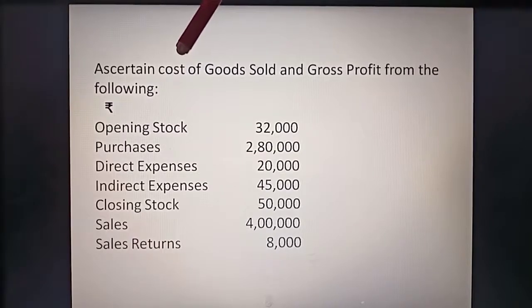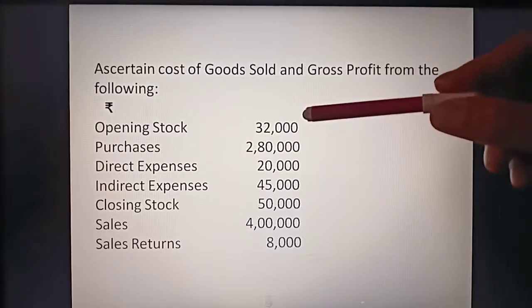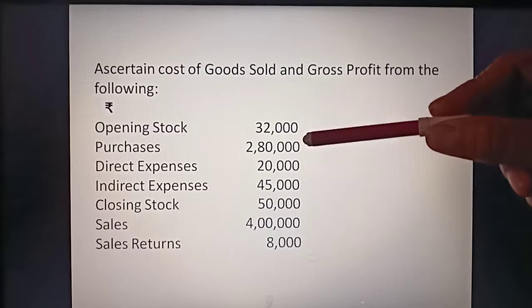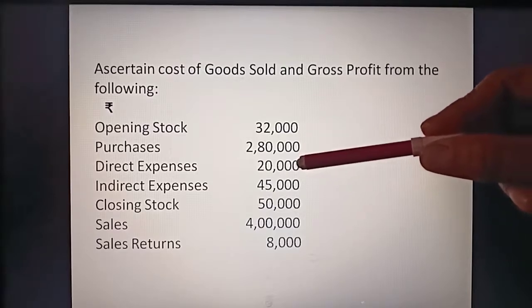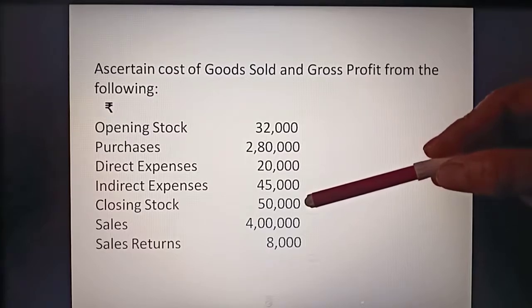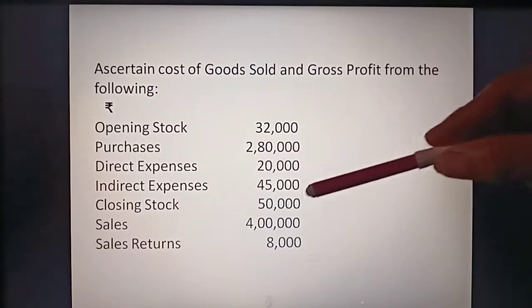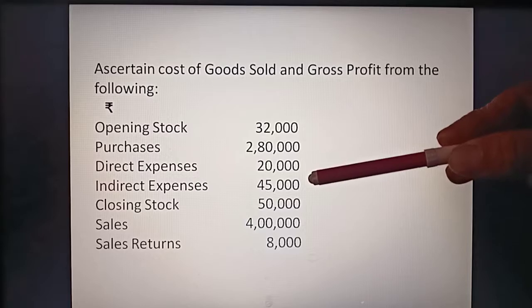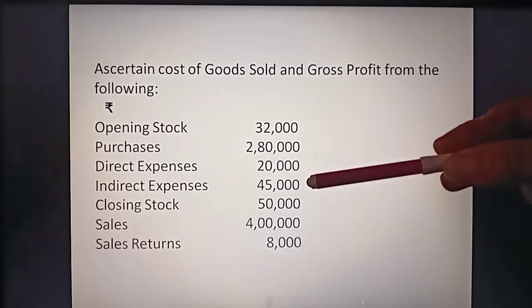Now, as you know, we have to calculate cost of goods sold. So you have to add opening stock, purchase and direct expenses, and deduct closing stock. Here indirect expenses are also given, but indirect expenses are related to the profit and loss account.